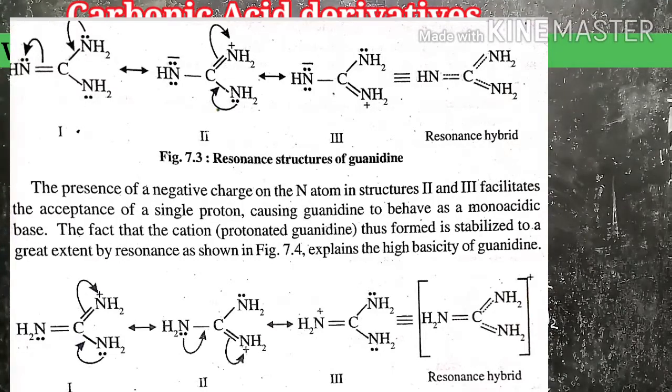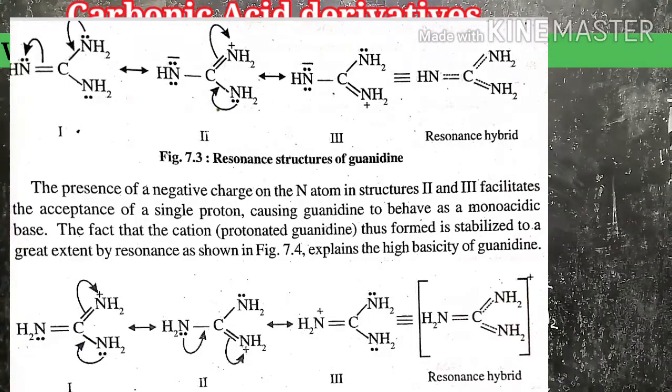The presence of a negative charge on the nitrogen atom in structures 2 and 3 facilitates the acceptance of a single proton, causing guanidine to behave as a monoacidic base.